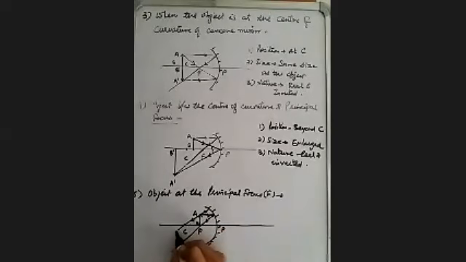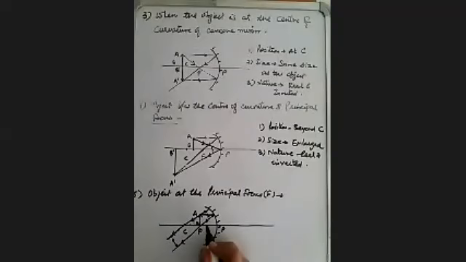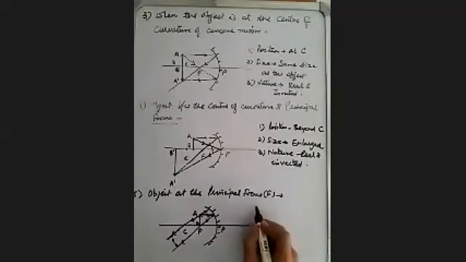We extend it further to see whether the two rays are meeting at any point or not. And you will see that the two rays are parallel to each other. Parallel lines, we know, never meet. So when they are parallel, they meet at infinity.